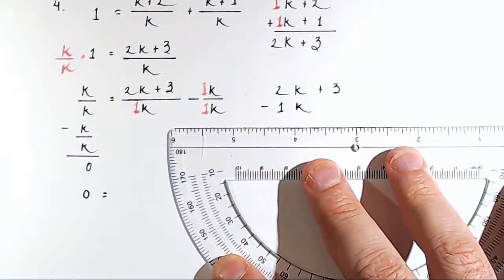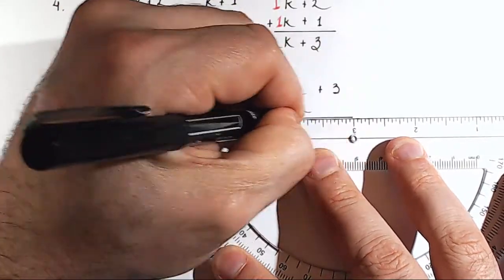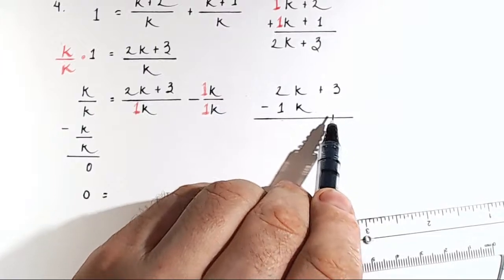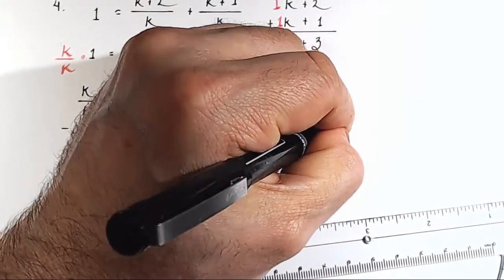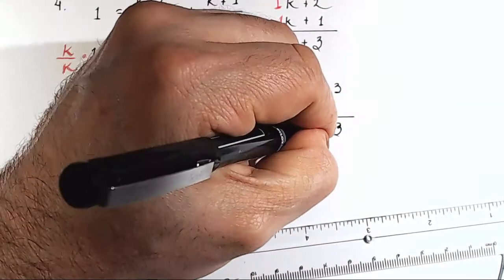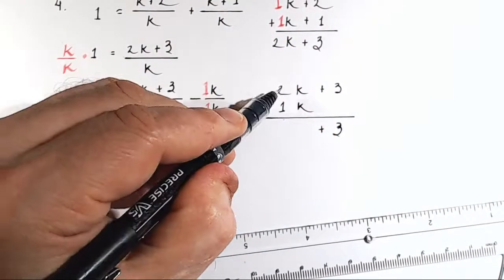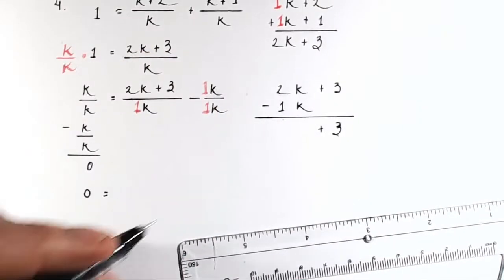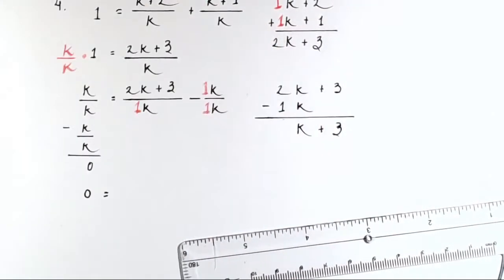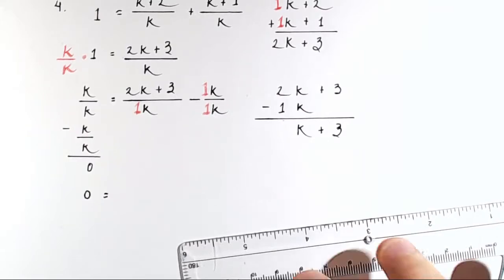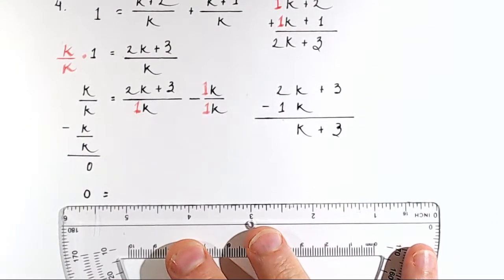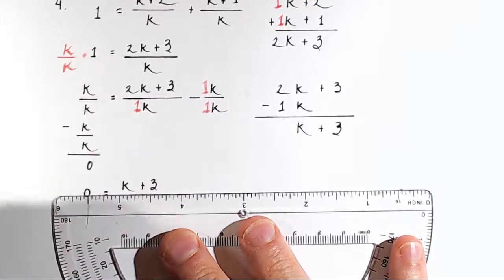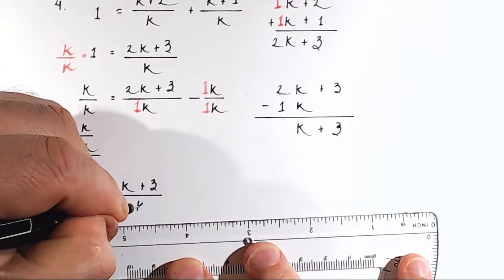And it's really important that you line it up when you do this. Let's see what we get. So 3 minus nothing is 3. So it's still plus 3. 2k minus 1k is 1k. So it's just k plus 3. So now I have 0 equals k plus 3 over k.